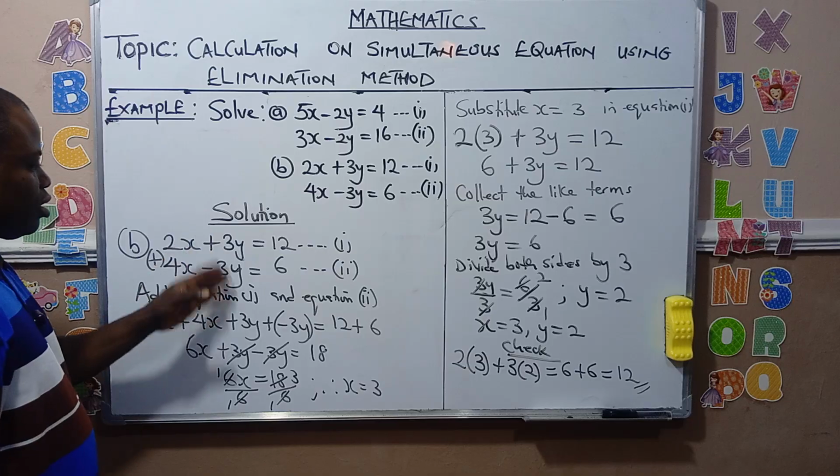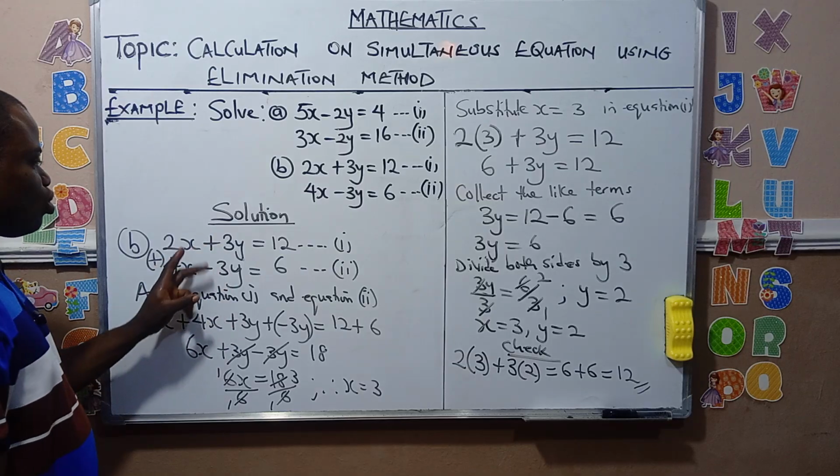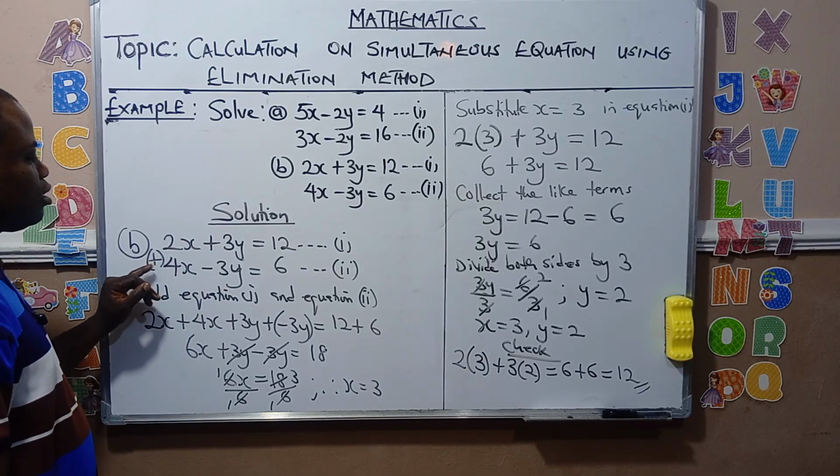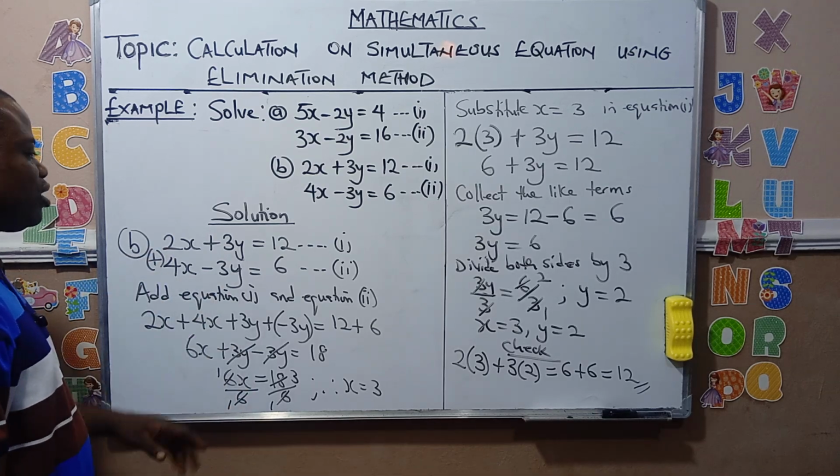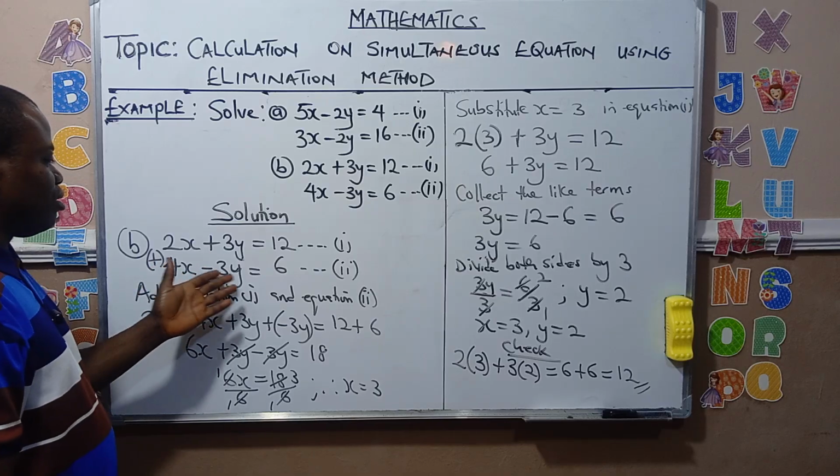From the question, the numbers are the same, so just look at the sign to know the sign to put, whether addition or subtraction, in order to eliminate any of the letters.